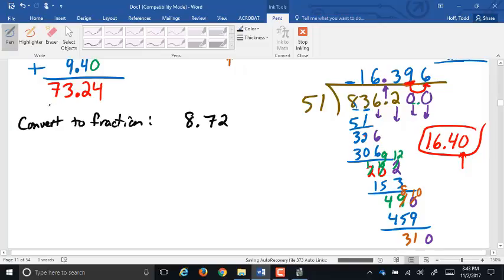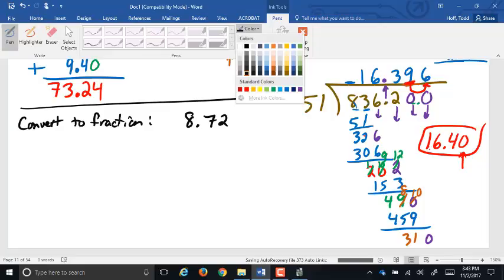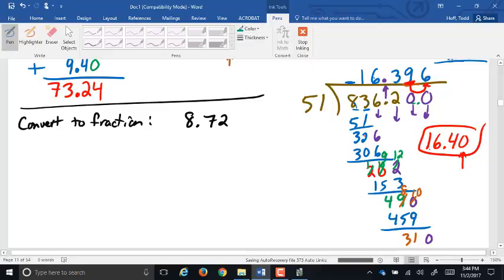Okay, and then we have to convert that 8.72 to a fraction. So what do I do? There's two parts I'm going to work with here. Tell me what to do. What do I do with the part before the decimal point?